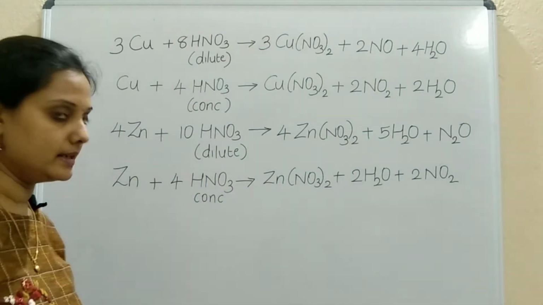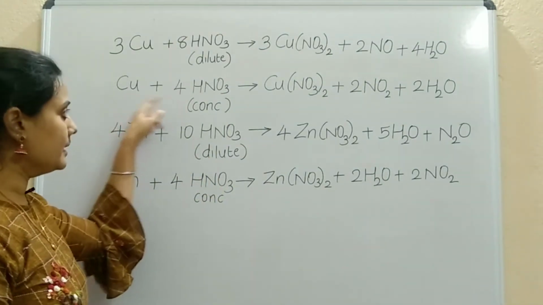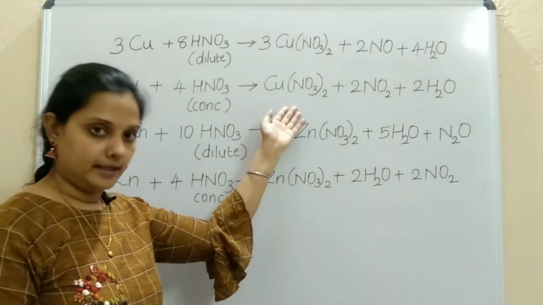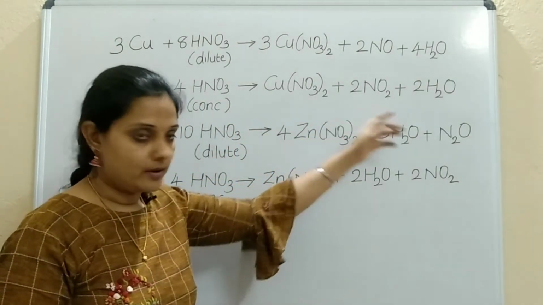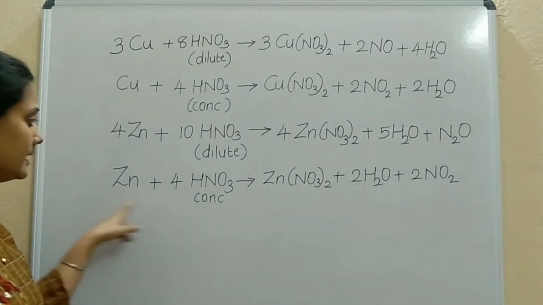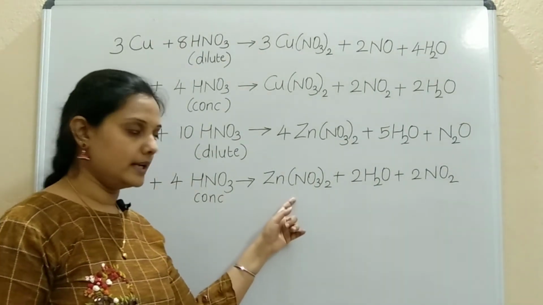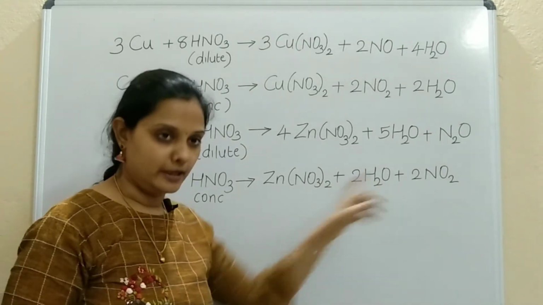Now see the concentrated reactions. Copper reacts with concentrated HNO3. It forms copper nitrate, nitrogen dioxide and water. Zinc reacts with concentrated HNO3. It forms zinc nitrate, water and NO2.